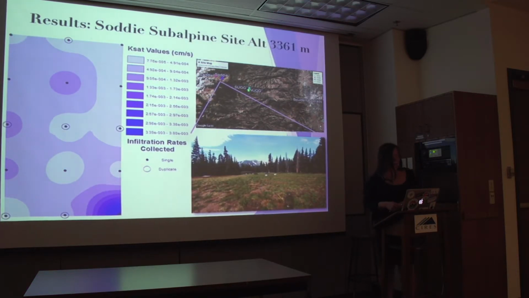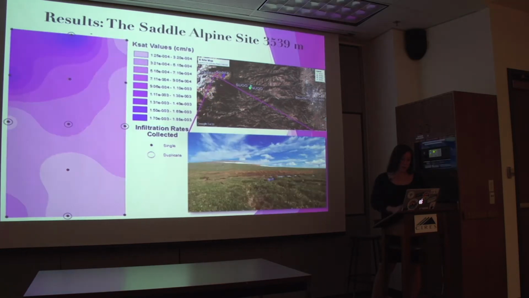At the Sadi subalpine site, you can see those dark hues start to diminish as we go up in elevation, and the lower infiltration rates, the K values, start to regulate, and it's relatively low infiltration as we go up in elevation. The highest, over 11,000 feet in elevation, is my alpine site. Again, just regulating. This site was a little tricky as well.